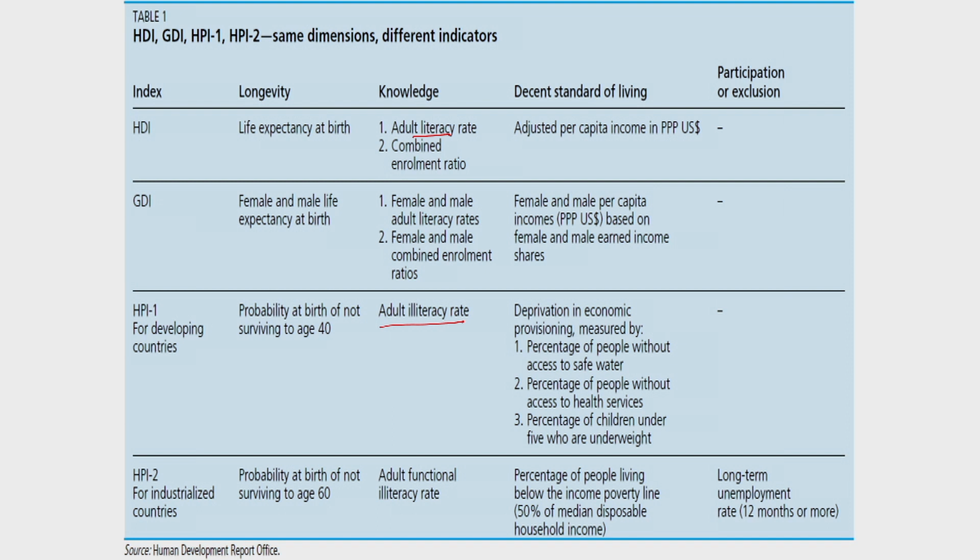Decent standard of living also measures deprivation in economic provisioning, and it is measured in three dimensions: percentage of people without access to safe water, percentage of people without access to health services, and percentage of children under 5 who are underweight.